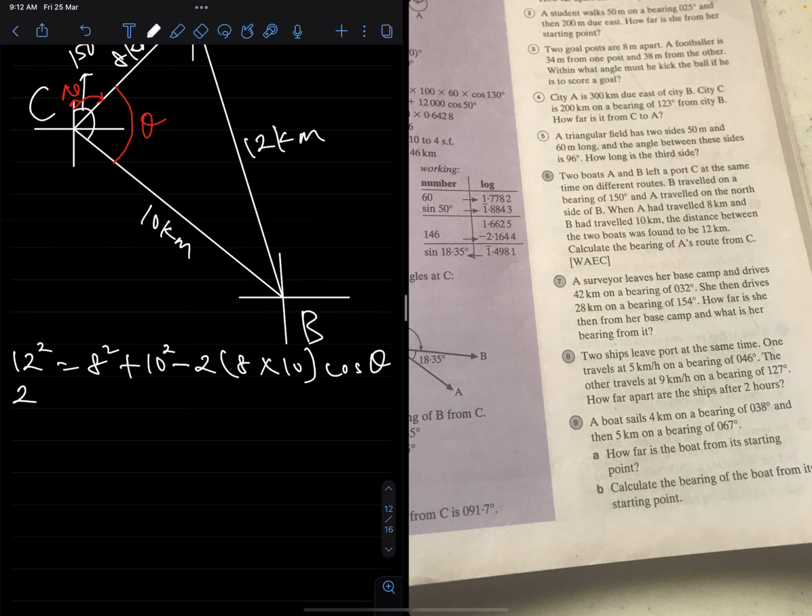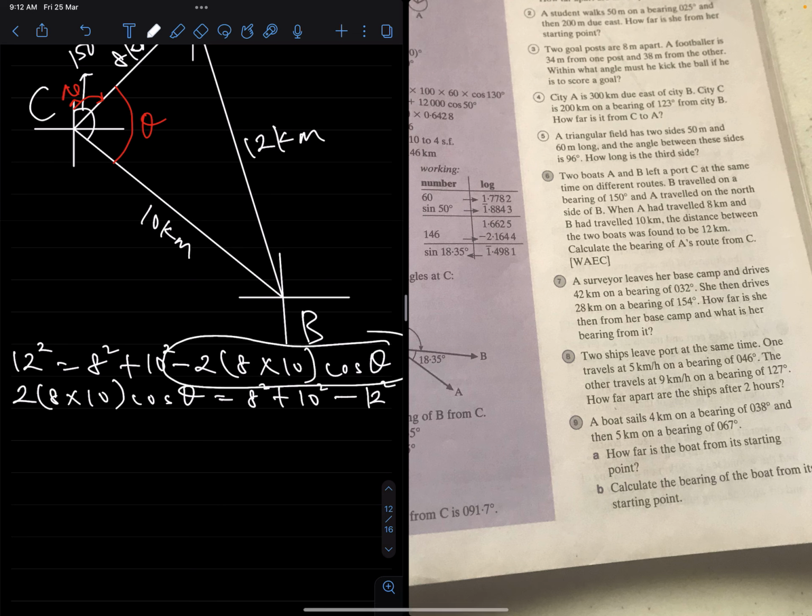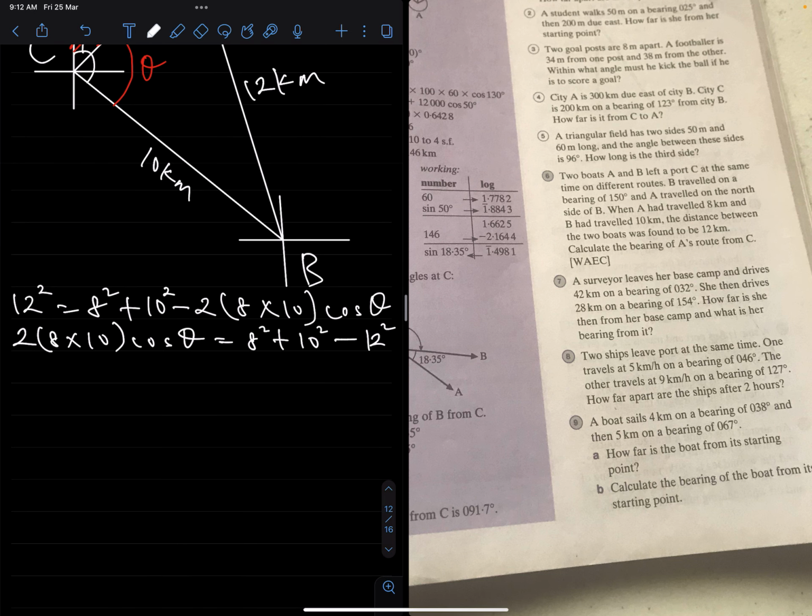If I bring minus 2 times 8 times 10 times cos theta to the left hand side, it becomes plus, and if I take 12 squared to the right hand side, it becomes minus 12 squared. So cos theta is equal to 8 squared plus 10 squared minus 12 squared divided by 2 times 8 times 10.